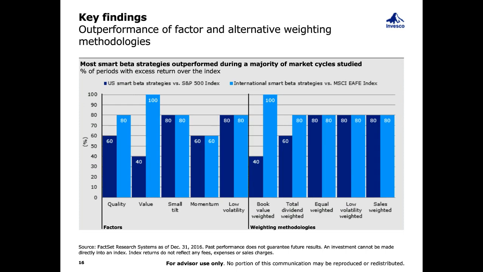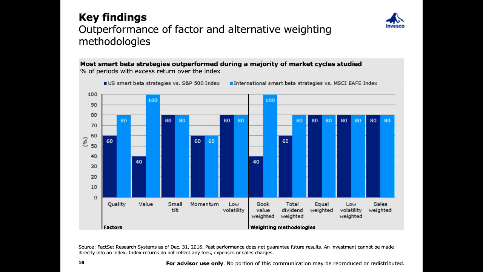Finally, we look at performance. Here we break down the results by strategy and show that every U.S. strategy except for value and book value weighted delivered excess returns over the S&P 500 in more than half the market cycles tested.